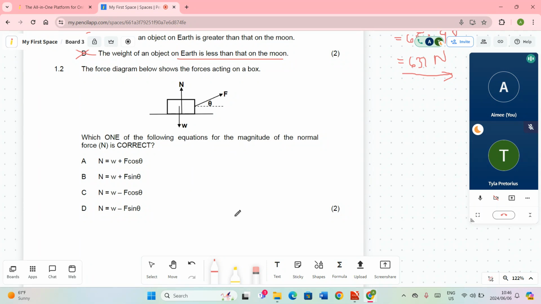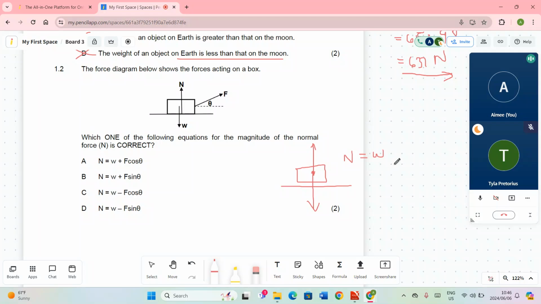Okay, so it's very important to remember that if you just had an object with no applied force that was just resting on a surface, it would mean that your normal force would be equal to your weight.